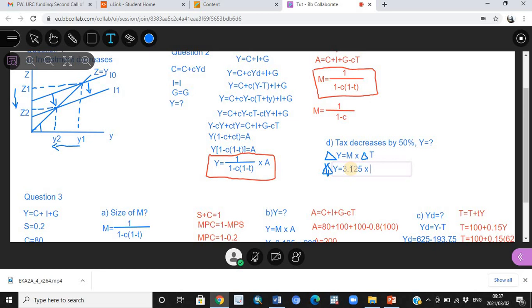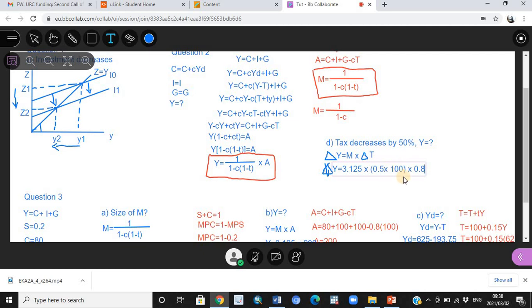If it decreased by 50%, I will open the bracket, 0.5, which is the 50%, multiplying 100. And this is going to be times 0.8, because this is our MPC.